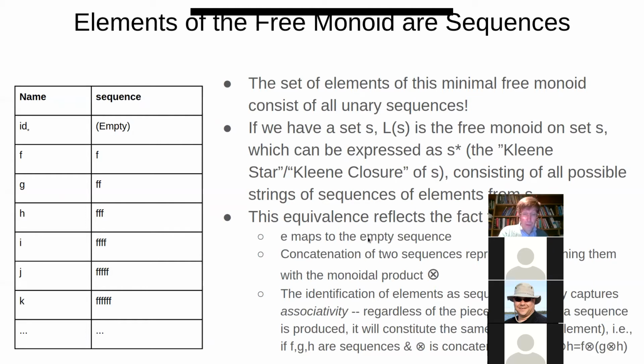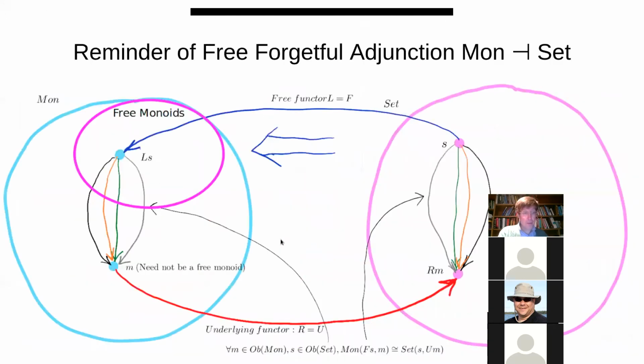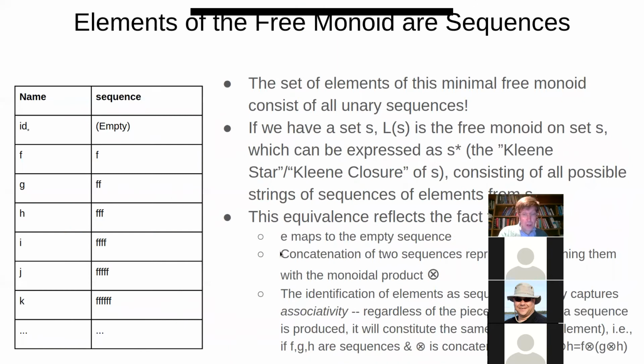So here, it bears noting that for this free monoid, the empty sequence serves as E. Concatenation of two sequences serves as monoidal product.